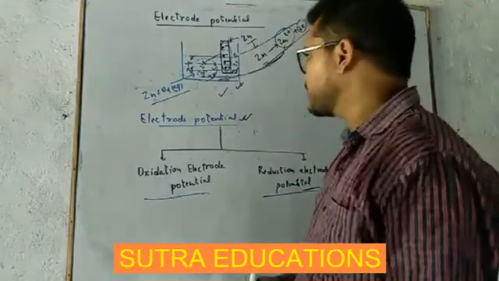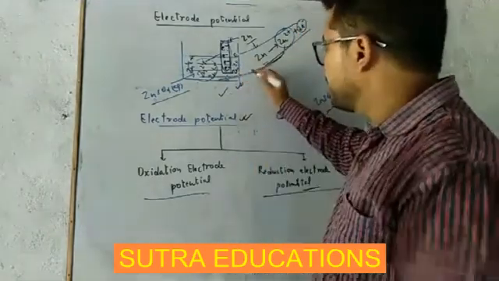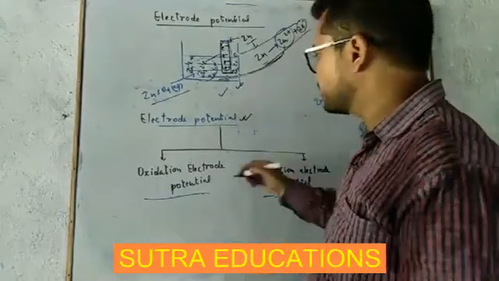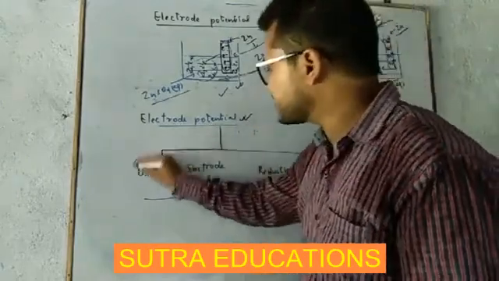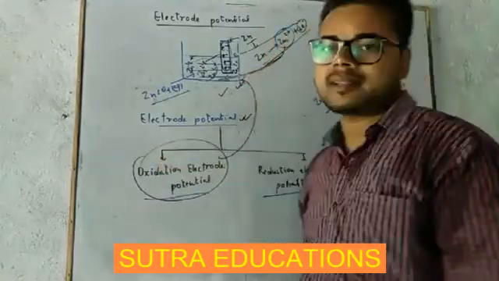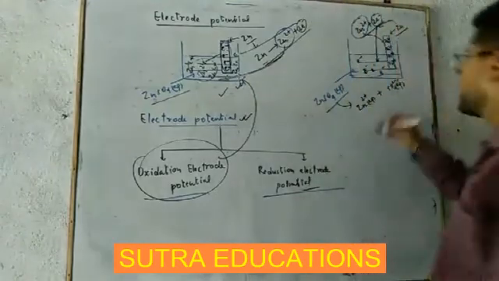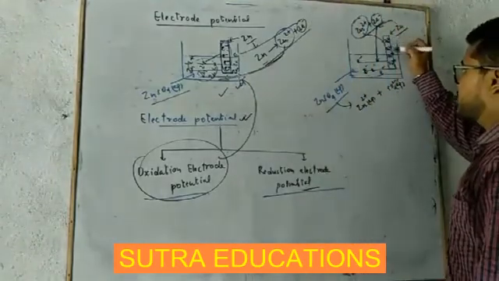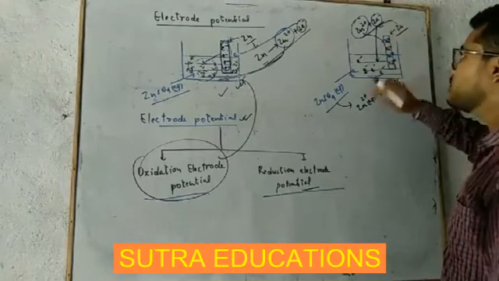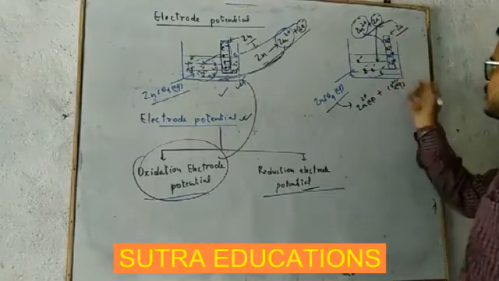So here oxidation electrode potential is shown. Getting this? And this time, since this is a plus charge, it will attract electrons, so it will develop a reducing nature.